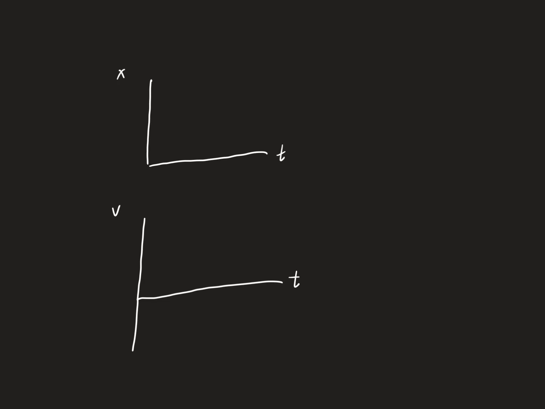So for example, I'm going to have my initial x position start some distance away from it. I'm going to have some kind of negative velocity. I'm going to sit at that 0 position for a little bit. And then I'm going to accelerate away from the object.